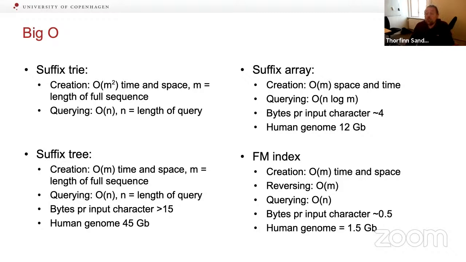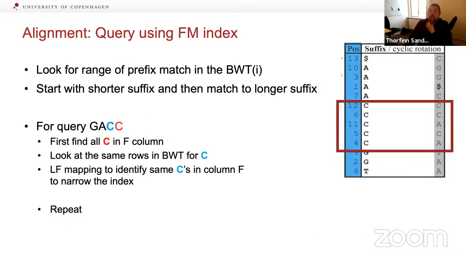Okay, but of course we need to query this, and how do we do this? Similar to when we were going through the suffix tree where we had this kind of branching structure, we can do exactly the same based on this walk left algorithm. Okay, but now we don't start from the end of our entire read.